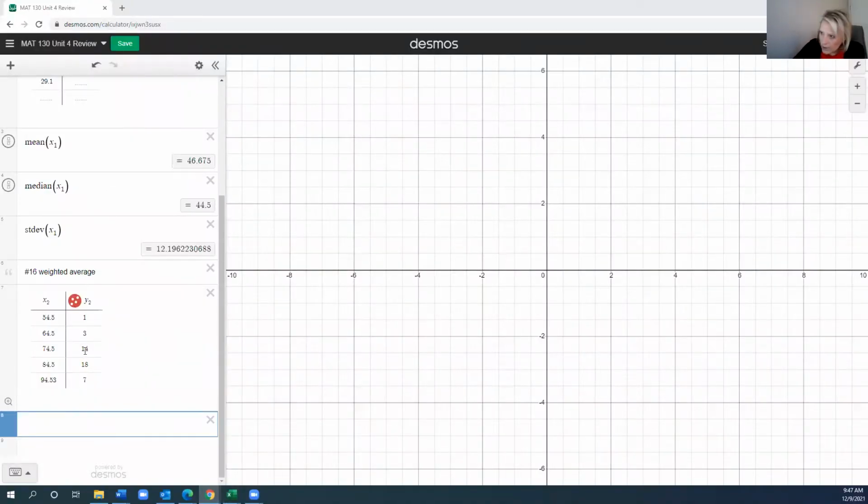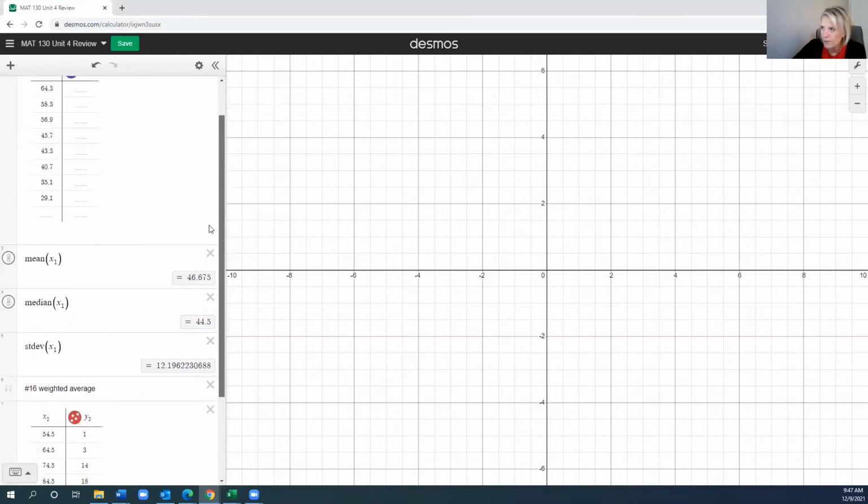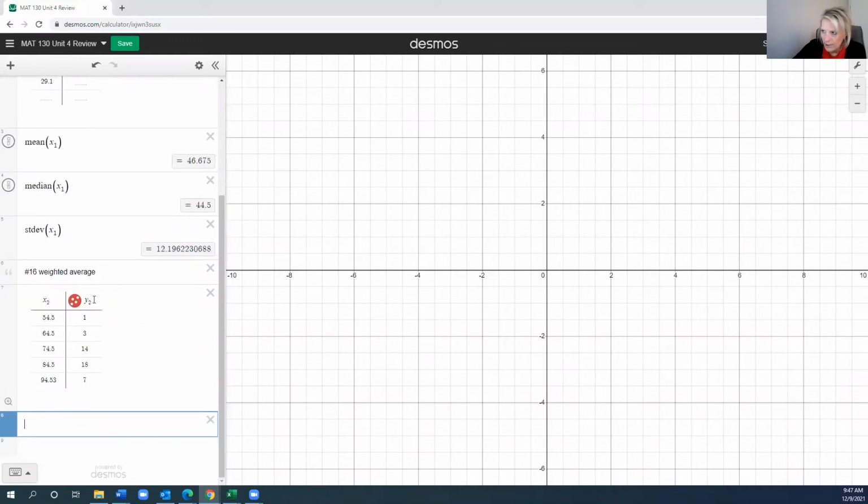So you can see here in Desmos, I put my data in, and mine are labeled X2 and Y2 because I already have that data set up here from before. Whatever your data are labeled, that's what you're going to use in your calculation. So I'm going to type total, and I'm going to put that in parentheses because I want to make a fraction here.